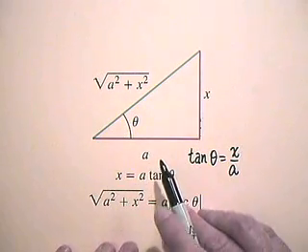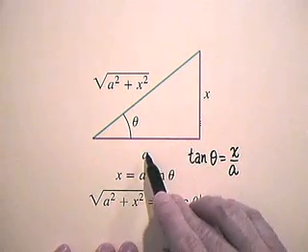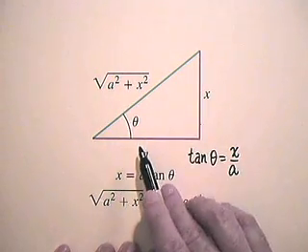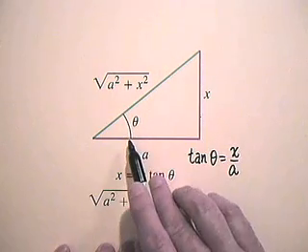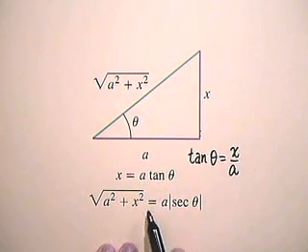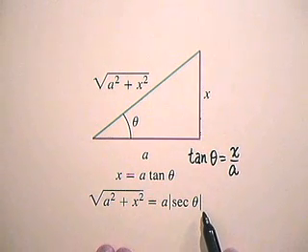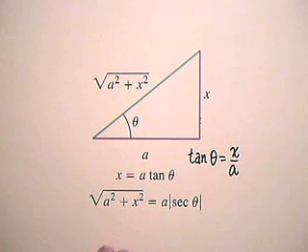Well, if I asked you what is the cosine of the angle theta, that would be a over this radical, and so consequently the secant of the angle theta is the radical divided by a, and therefore the radical itself is a times the absolute value of secant theta.